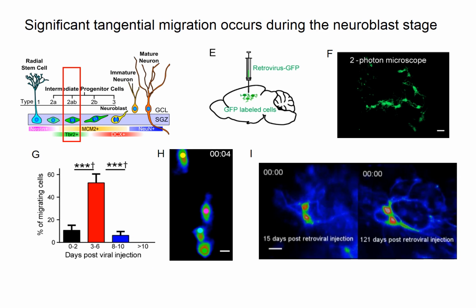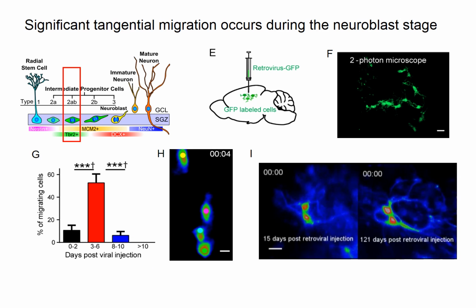So we hypothesize those cells probably have undergone tangential migration. So we did endoscopic imaging on those cells. I just want to show you the quantification first. We identify a peak migration time frame, ranging from 3 to 6 days.